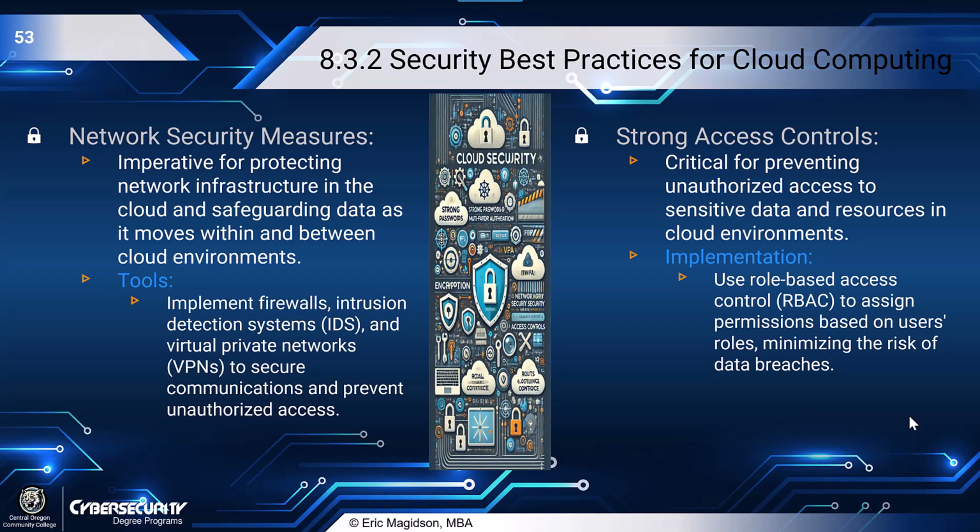Other network security measures, imperative for protecting network infrastructure, implementing the current technology in firewalls. Specifically in this case, next generation firewalls, those are really important. Bringing forth IDS, making sure your VPN has the latest and greatest encryption, strong access controls. So again, more role-based access control, which goes along with the principle of least privilege, making sure people only have access to the data.